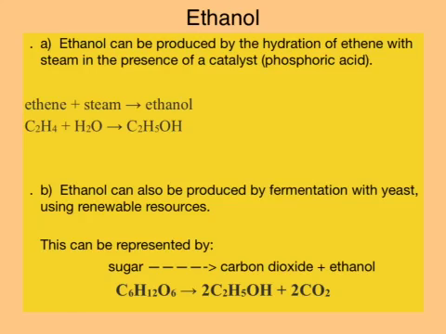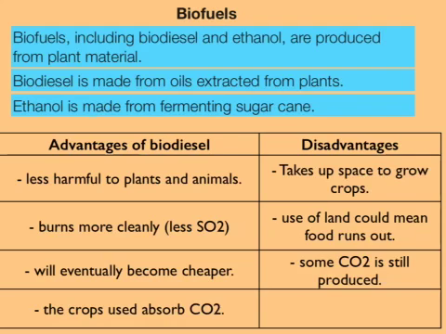And we're going to look a little bit more at the advantages and disadvantages now. Because one of the main uses of ethanol is as a biofuel. And biofuels are fuels which are obtained from plant material.